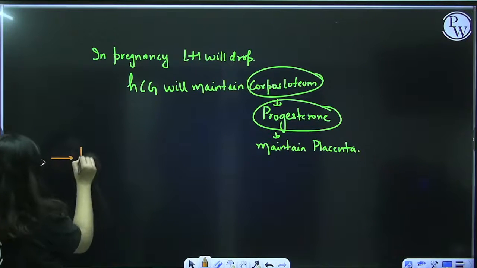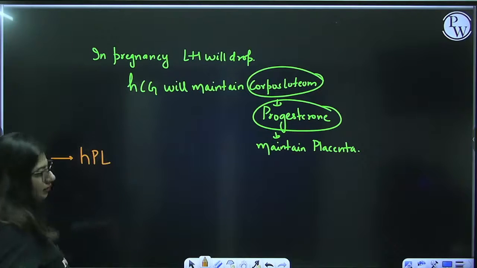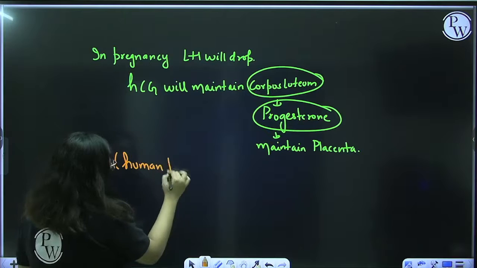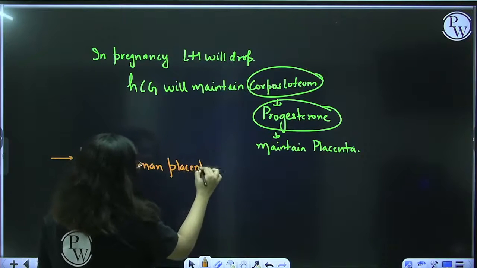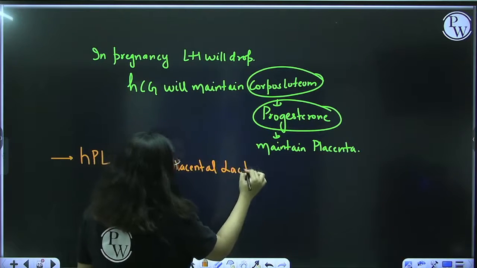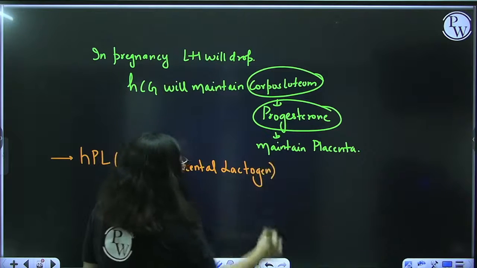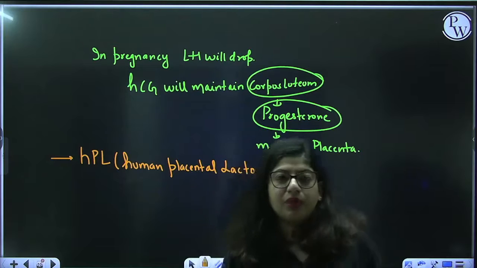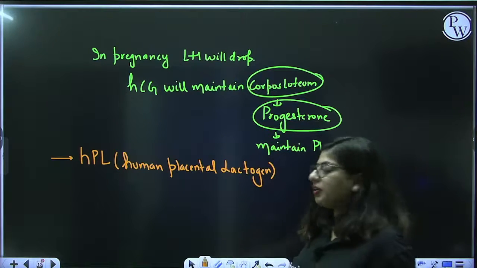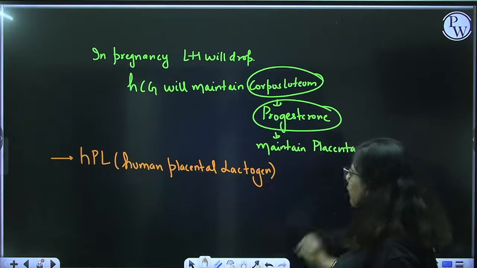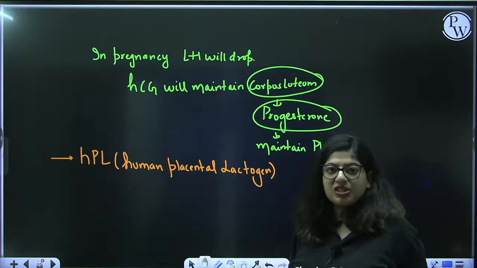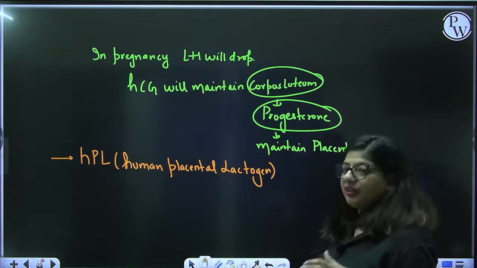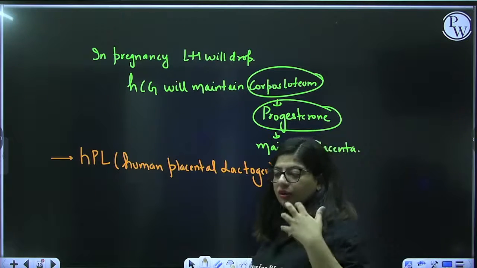The other hormone is HPL, human placental lactogen. Lactose. What is lactose? Sugar, milk sugar. So HPL is the hormone secreted by the placenta. It will make sure that the female's breasts start developing. Progesterone and HPL, in fact, will keep on doing one single thing.